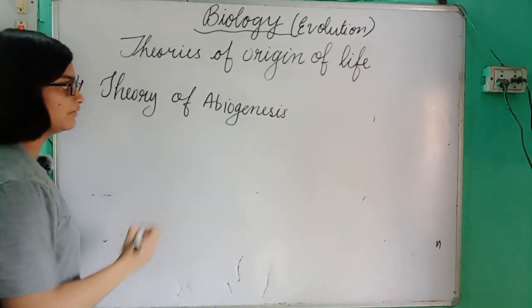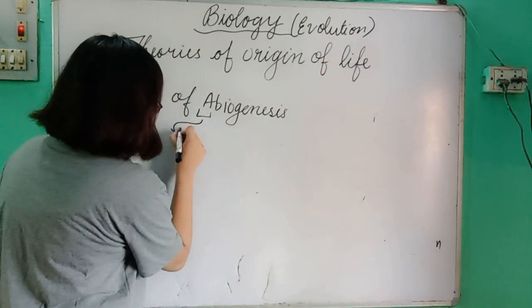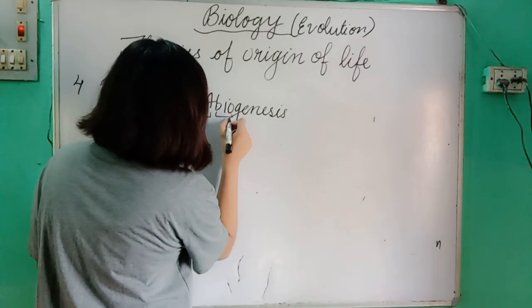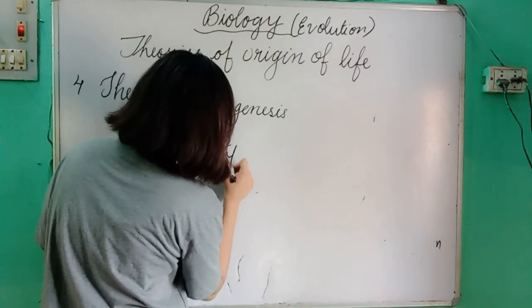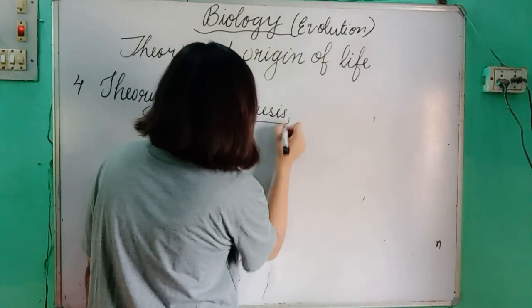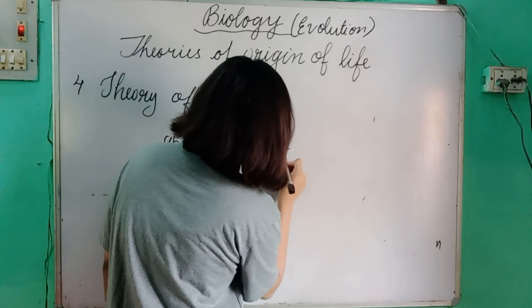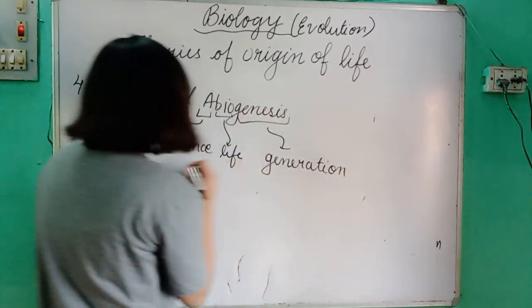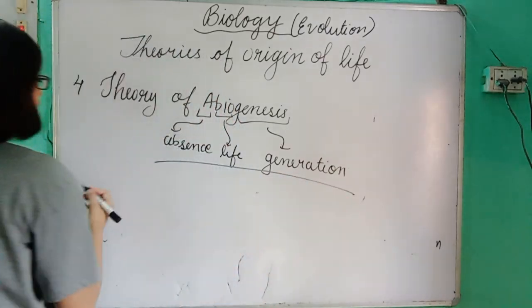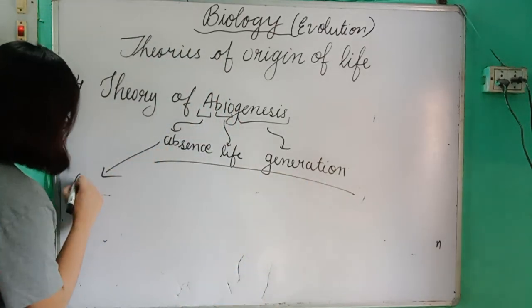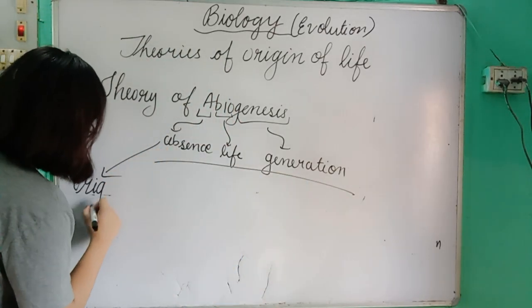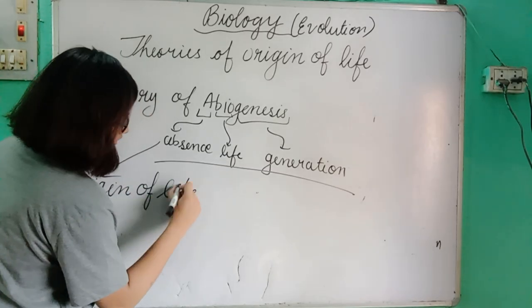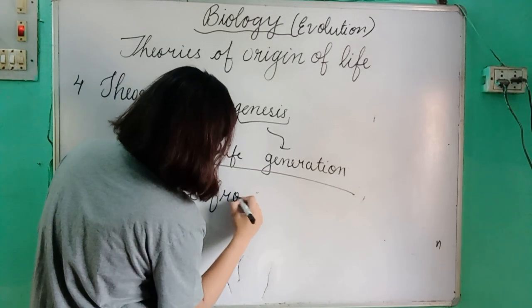If we break this word, A means absence, bio means life, and genesis means generation. This means origin of life from non-living things.